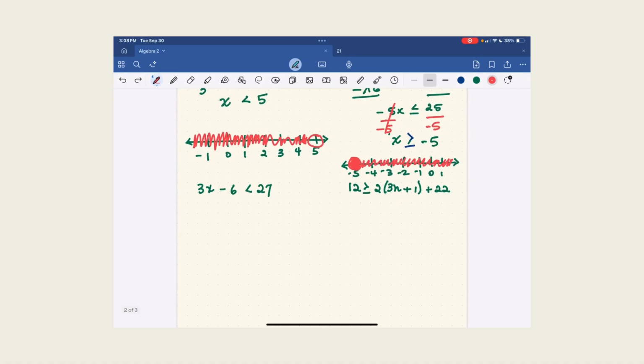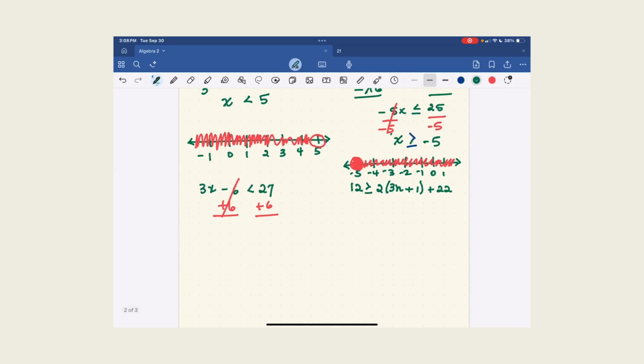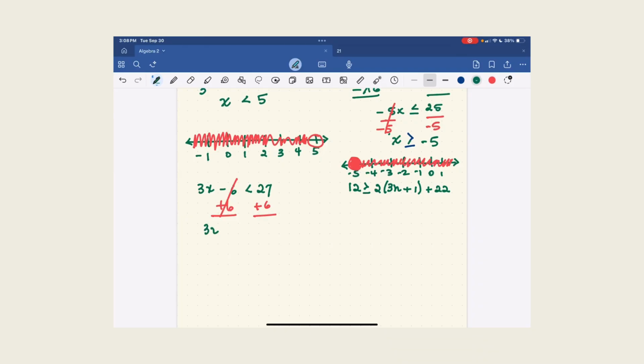The next example, 3x minus 6 is less than 27. We'll begin with adding 6 to each side of the inequality. These 6s cancel. And we have 3x is less than 33.